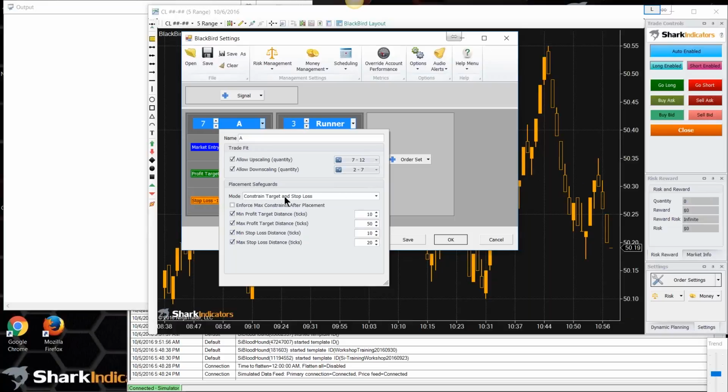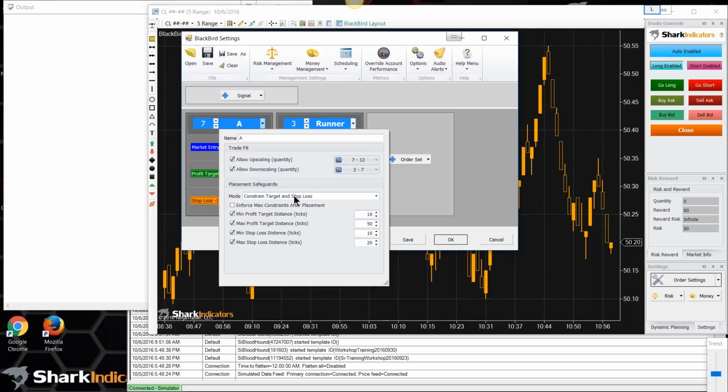Now, these are just constraints. So these constraints will override our initial placement for our profit target and stop loss. That means if you're constraining your orders, your order will actually get executed and placed.